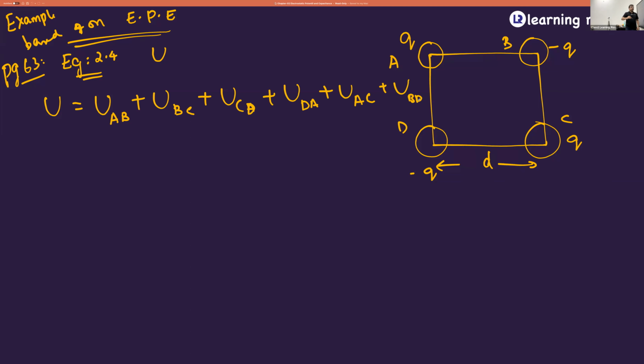So what I'm trying to say is, whenever they ask a question based on work done, what you need to calculate is the electrostatic potential energy. For you to calculate the electrostatic potential energy, what is the minimum number of charges that are required? You need two charges. So what are the two charges? AB is one combination, BC, CD, DA, 4, AC and BD. So there are total 6, right?